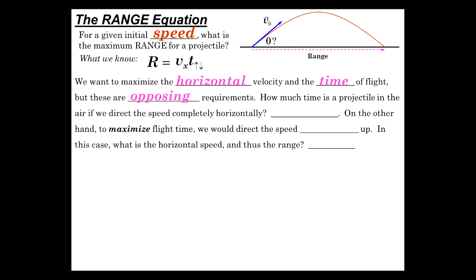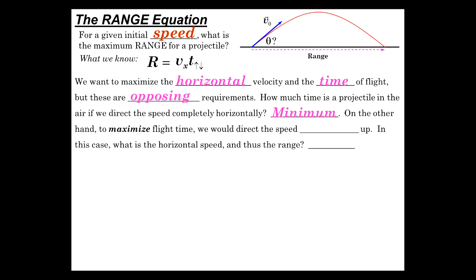Those are opposing requirements. Because how much time is a projectile in the air if we direct it completely horizontally? Well, if it's along the ground, that'd be 0. Maybe it's up a little bit, in other words, up off the ground a little. However, this is looking at same elevation, beginning and end, in this particular problem.